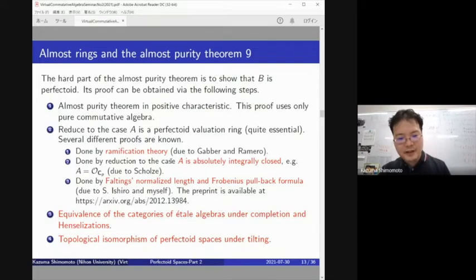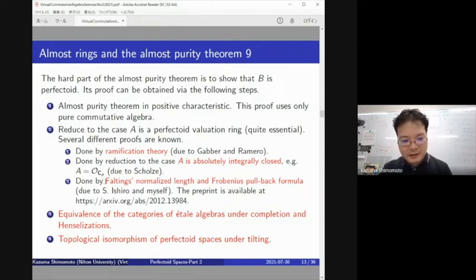This is, I think, due to Scholze in his paper on perfectoid spaces. And recently, my student Ishizuka and I gave a new proof using Faltings' normalized lengths and the Frobenius pullback formula. I don't have much time to explain what Faltings' normalized lengths and the Frobenius pullback formula are, but this is also pure commutative algebra.